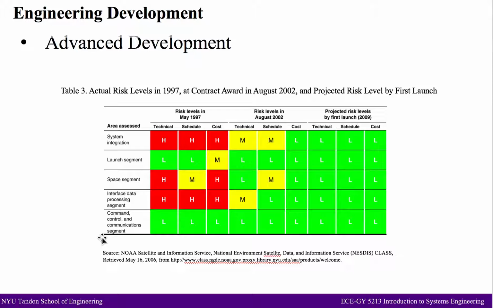In this phase, the Integrated Program Office, the IPO, first evaluated the risk of the endpoint program in three aspects, including technical, schedule, and cost risk for its overall system integration, the launch segment, the space segment, the interface data processing segment, and the command, control, and communication segment.